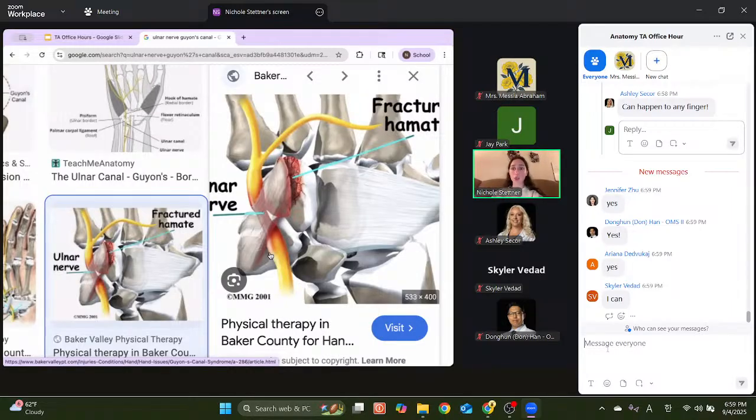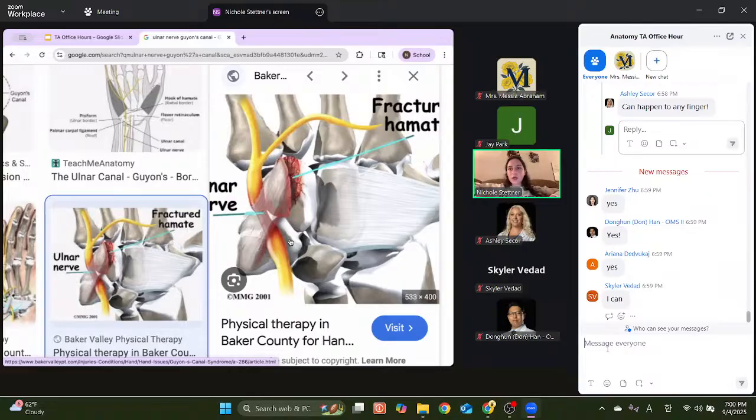So if they still have normal FCU function, but they have pain at the medial side of the wrist with numbness and tingling to the medial two fingers, and potentially a hamate fracture, which we call the hook of the hamate fracture, then that would be Guyon's. It's also associated with bike riding because of how you hold the bike like this.